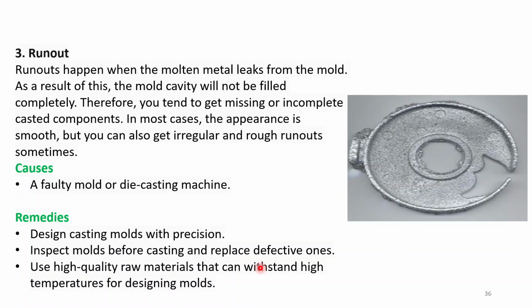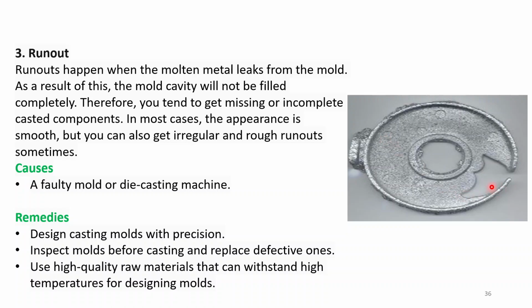Next is runout. Runouts happen when the molten metal leaks from the mold. As a result of this, the mold cavity will not be filled completely. Therefore, you tend to get missing or incomplete cast components. In most cases, the appearance is smooth, but you can also get irregular and rough runouts sometimes.